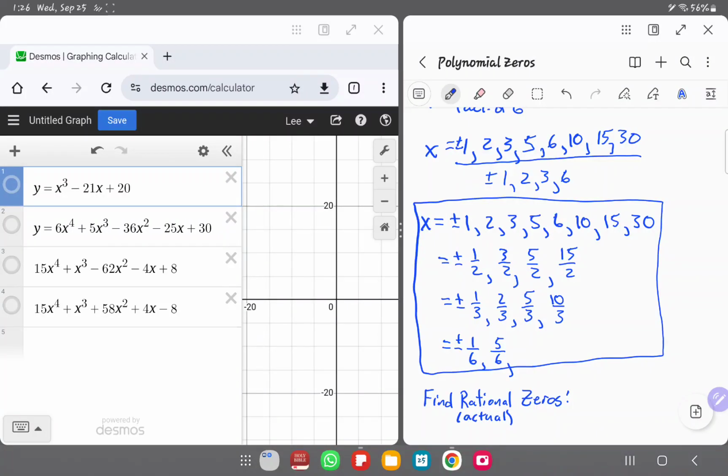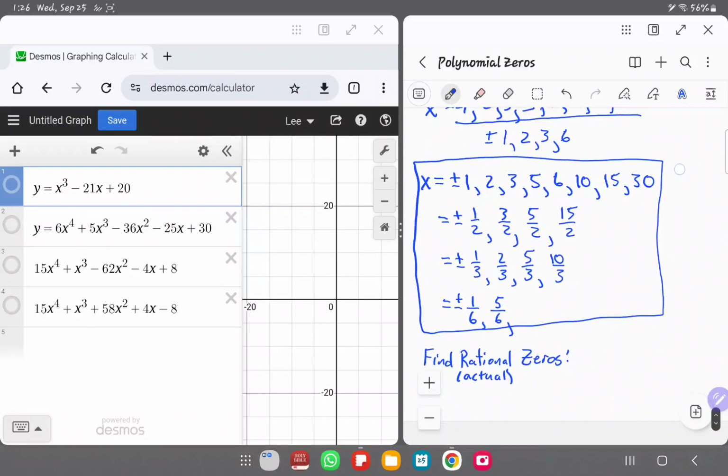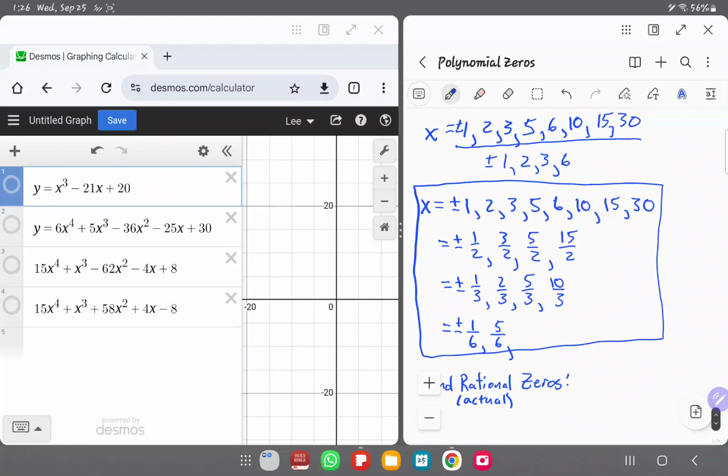Then I would need to start again plugging those numbers back into my polynomial and seeing if they actually do equal 0, or try a synthetic division, that divides the factor that matches with the root, or something to that effect. That's going to take a really long time. So anytime you have to go through those by hand, that is going to take a very long time. We are going to shortcut it.